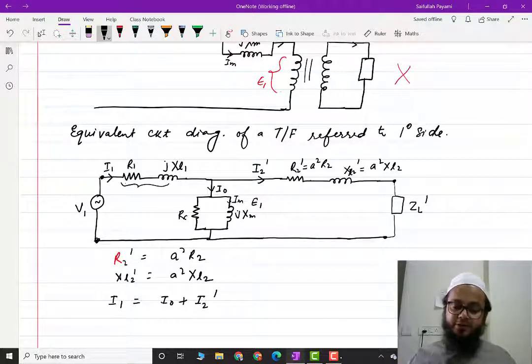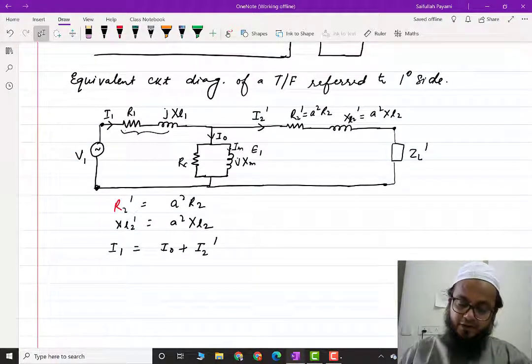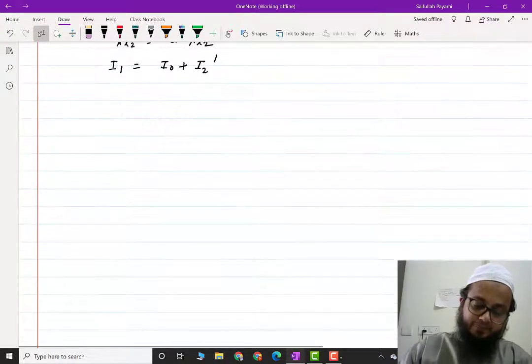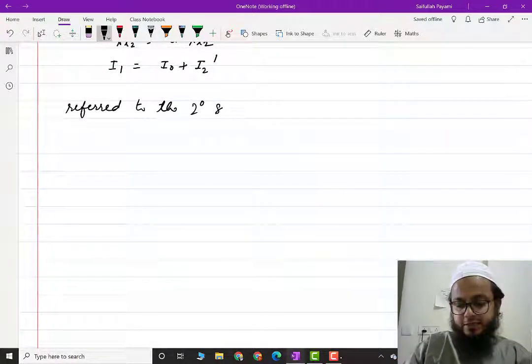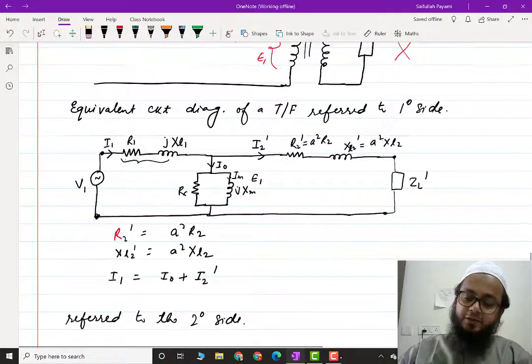Similarly, we can draw the equivalent circuit diagram of the transformer referred to the secondary side. What would be this I2 dash?